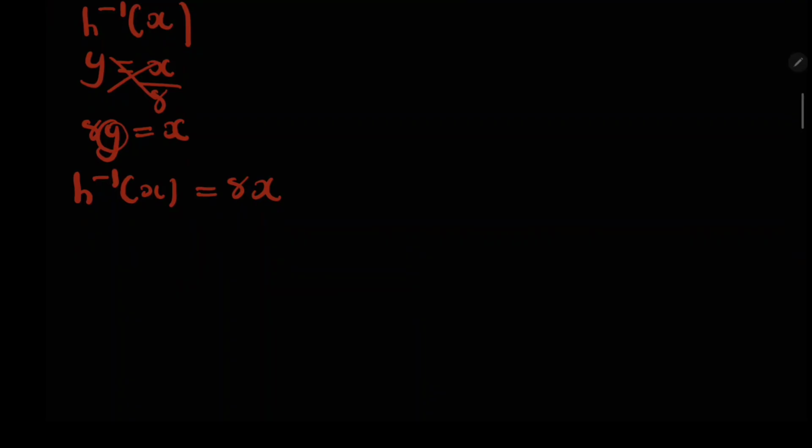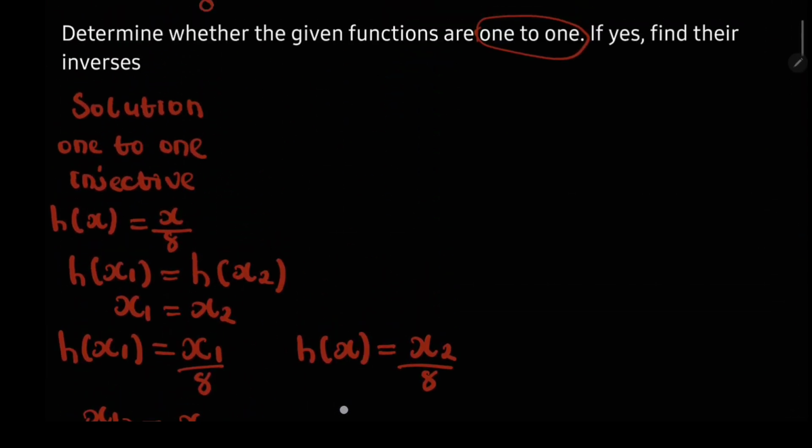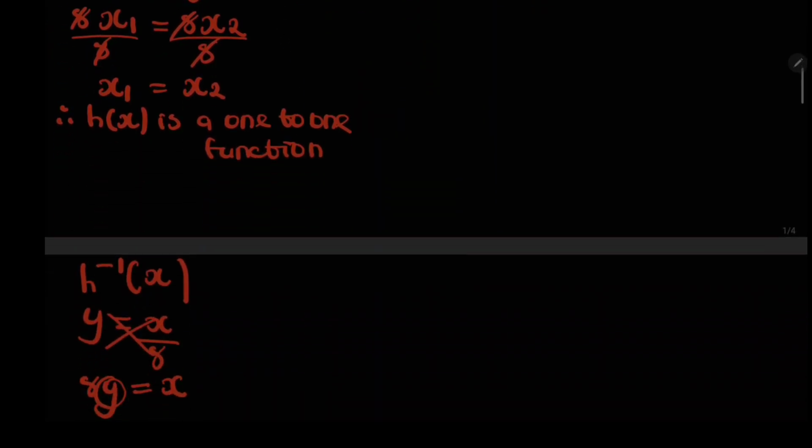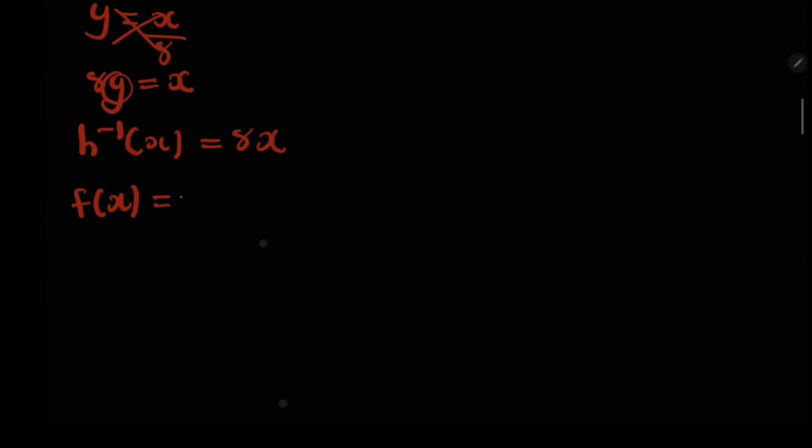Now let us go to the second one. The second was f of x. So what is our f of x? Let me just see what it is. 3x plus 5. We have 3x plus 5. So we need to check whether f of x is a one-to-one function.